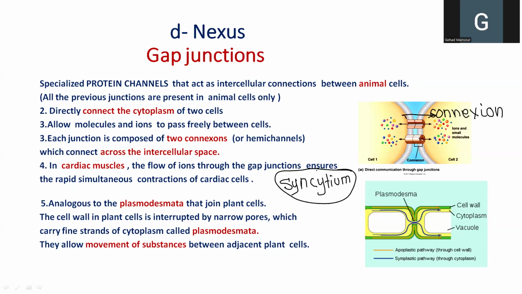In plant cells, there is a structure that is more or less similar to the gap junctions, and that is nothing but a protoplasmic connection between the two cells. So you can find a place in between two plant cells where the cell wall does not exist and where the two protoplasms are connected. They are protoplasmic connections.